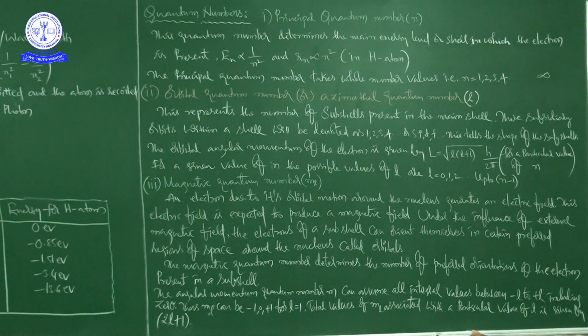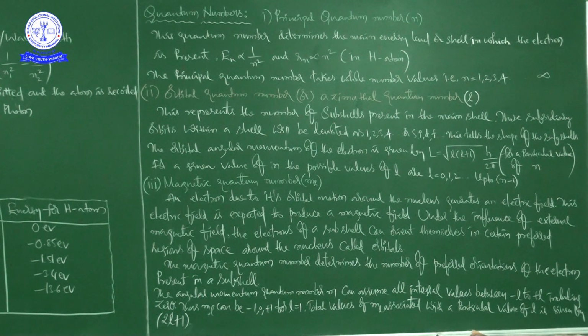And the next more important point in this orbital quantum number is calculating the orbital angular momentum. The orbital angular momentum of the electron is given by capital L is equal to square root of small l into small l plus 1 into h by 2 pi. This is a formula to calculate orbital angular momentum in terms of azimuthal quantum number.